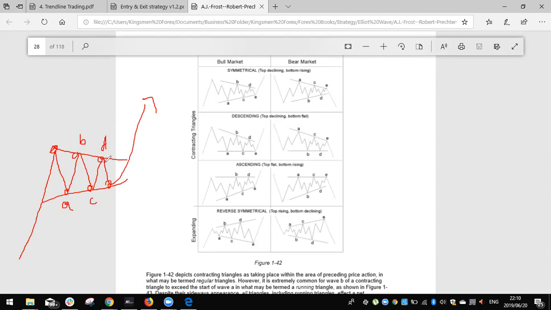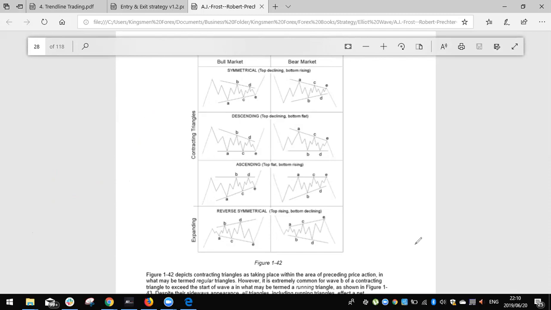What I would do is, when price is making this wave, draw a trend line. Once the inner trend line breaks, that is where I'll be looking to go long.